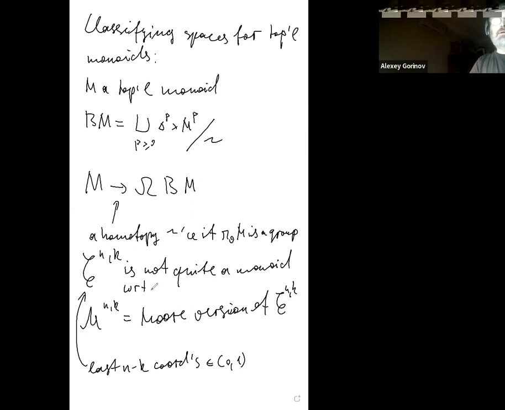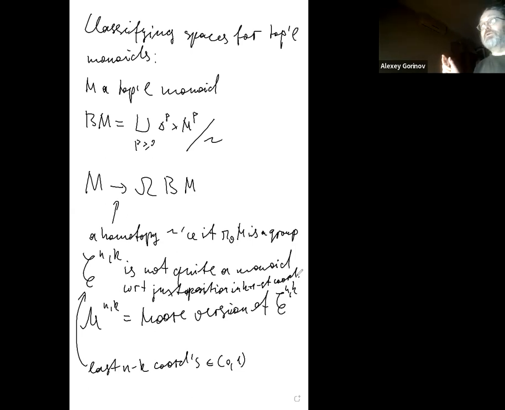By the way, what is the operation? The operation is induced by juxtaposition in the k plus first coordinate.